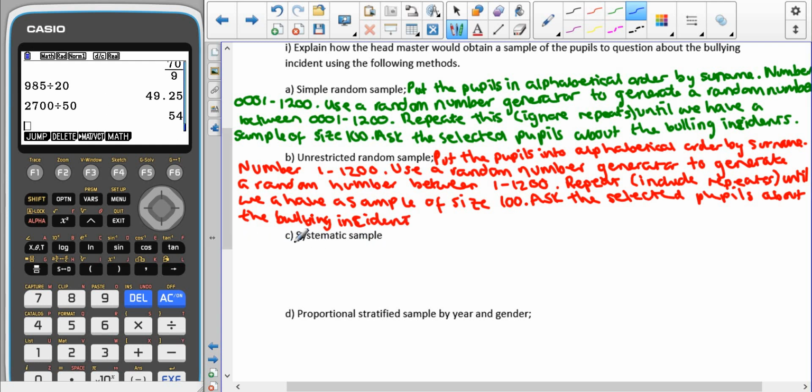Now for a systematic sample, remember that starts off the same. We're still going to put the pupils into alphabetical order by surname.